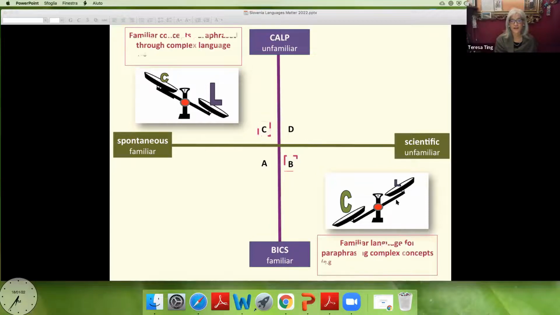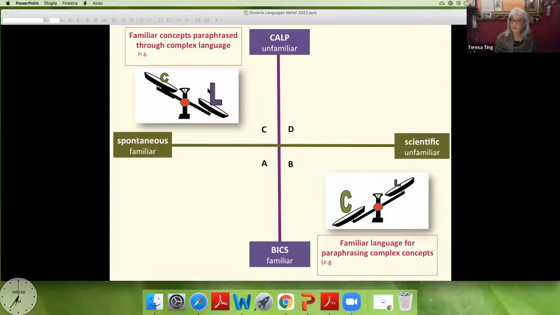So let's go on. So here, familiar concepts can be paraphrased through complex language. So familiar concepts like unemployment, people without jobs. People without jobs is an easy concept to understand, and we paraphrase it through complex language.